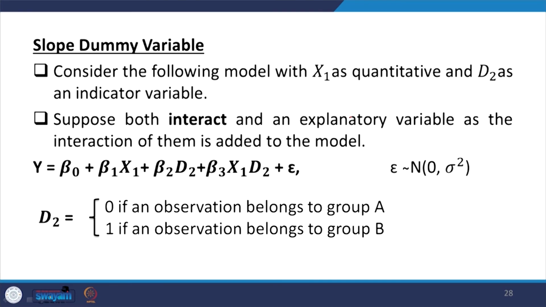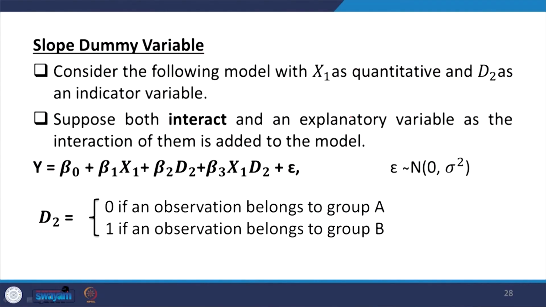We first discussed intercept dummy variables, where the dummy variable changes the intercept, and that type of regression is called the parallel regression model. Now we are going to discuss a dissimilar regression model, which allows the slope coefficient to be different, and the slope coefficient gets differentiated if you introduce an interaction dummy. What do we mean by that?